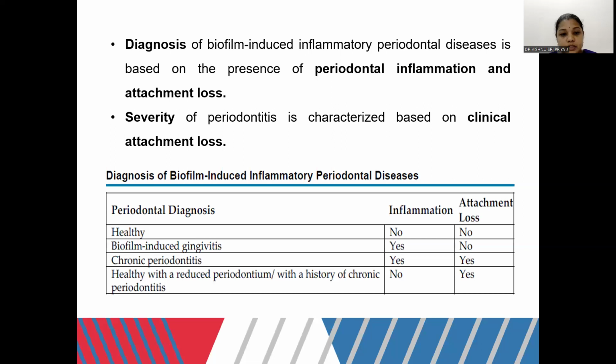In case of biofilm-induced gingivitis, there will be inflammation, but there will not be any attachment loss. In case of chronic periodontitis, you will have both inflammation as well as attachment loss. And we have one more criterion where the periodontium is healthy but reduced, that is, with a history of chronic periodontitis. In such a situation, there will not be any inflammation, but there will be attachment loss. So keep this table in your mind before diagnosing a periodontal case.